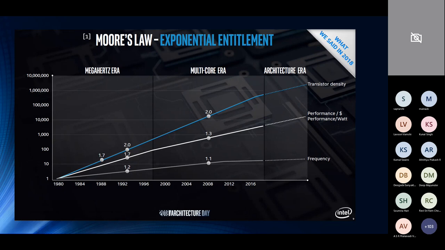Towards 2000, there was a shift in the mindset. Instead of pushing further and further for frequency, we shifted towards something called the multi-core era. Instead of having a bigger and beefier core, one single CPU, we went towards multiple cores for a CPU. There are a lot of reasons behind it.